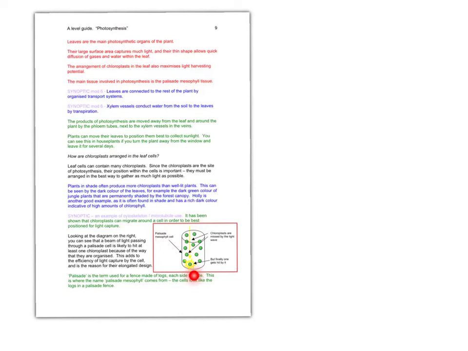You've got to remember that everything in the plant is designed to get photosynthesis to work extremely well. And it's interesting that plants that grow in dark, very shaded areas have more chloroplasts, so they tend to be really dark.